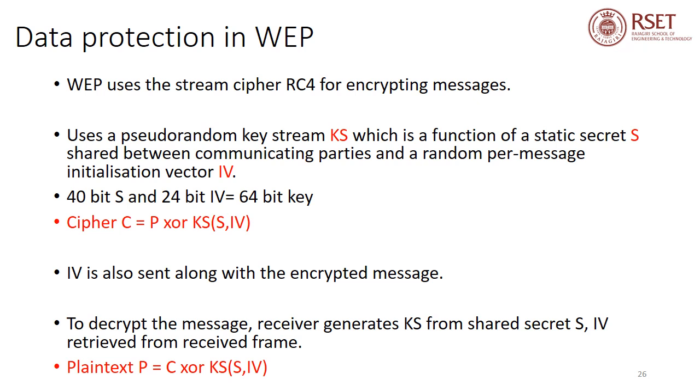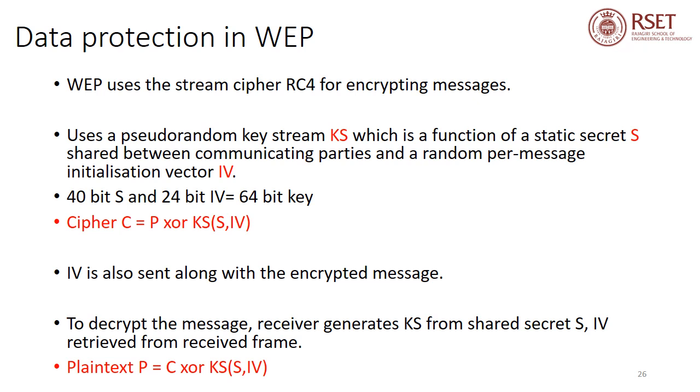Using this 64-bit key stream and the plain text which is to be communicated, we can calculate the ciphertext as C is equal to plain text XOR the key stream value. And once this ciphertext is calculated, the ciphertext and the initialization vector will be sent from the station to the access point.